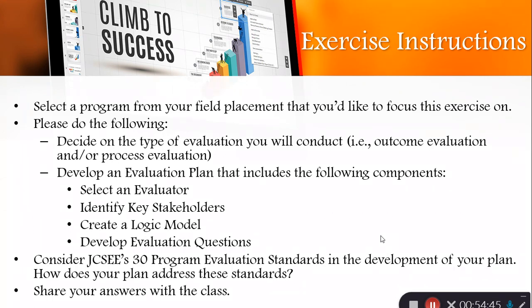From there, you can develop an evaluation plan that includes all the components that we've discussed: selecting an evaluator, identifying key stakeholders, creating a logic model, and developing evaluation questions. I'd also like for you to consider JCSEE's 30 program evaluation standards in the development of your plan, and think about the extent to which your plan addresses those standards.